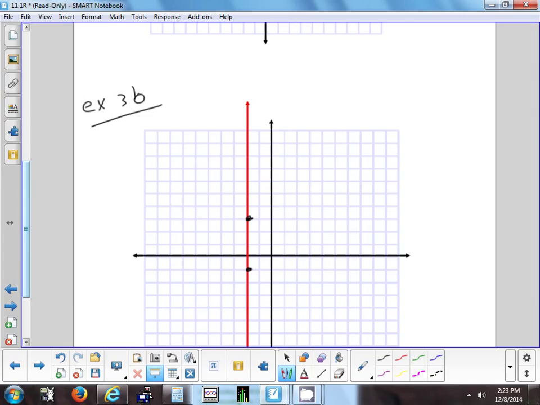Okay, now let's look at our last special case. One more time, what's the slope formula again? What goes in the top? Yep. What goes in the bottom?